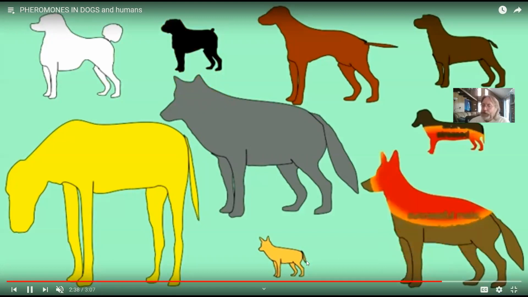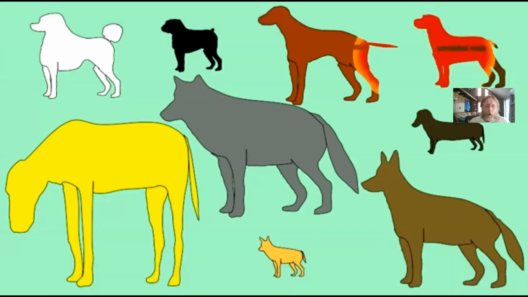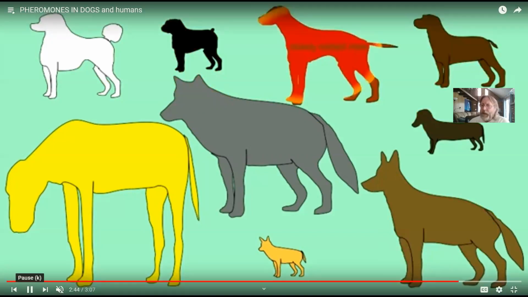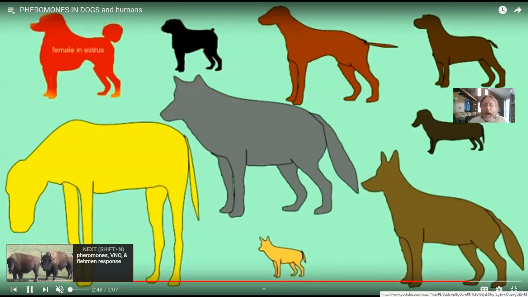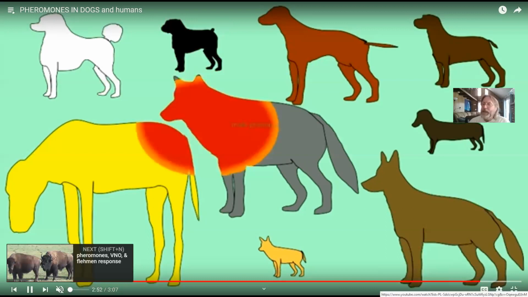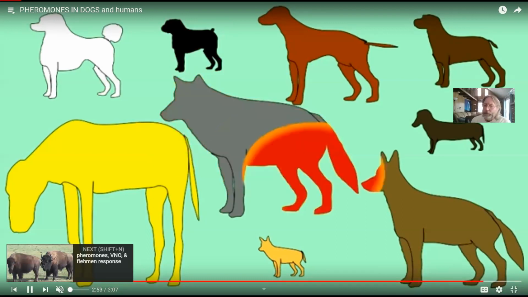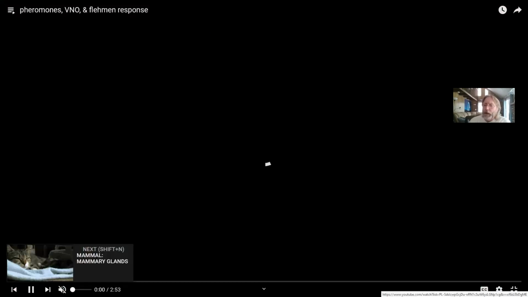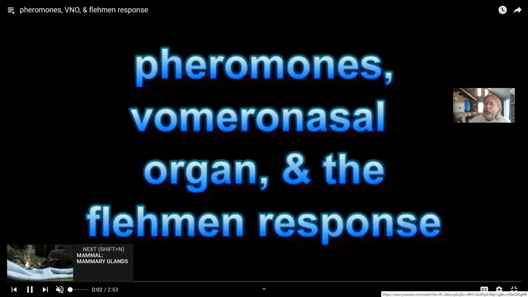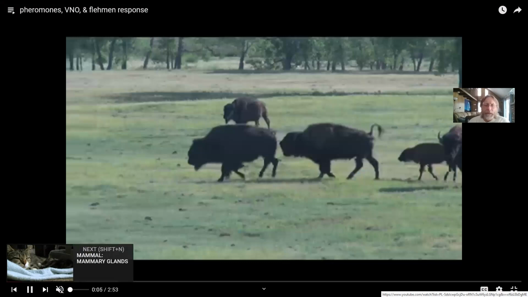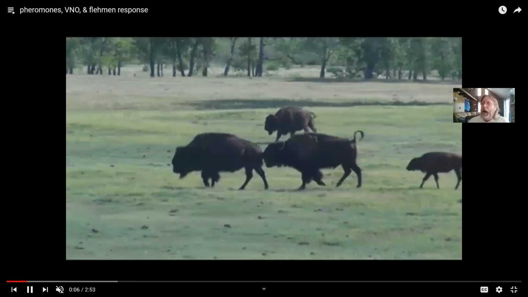And so that's an interesting aspect to these pheromones, that they involve the MHC proteins. And so therefore, they vary based on your cellular fingerprint, those MHC proteins that your cells use to distinguish between self and non-self.